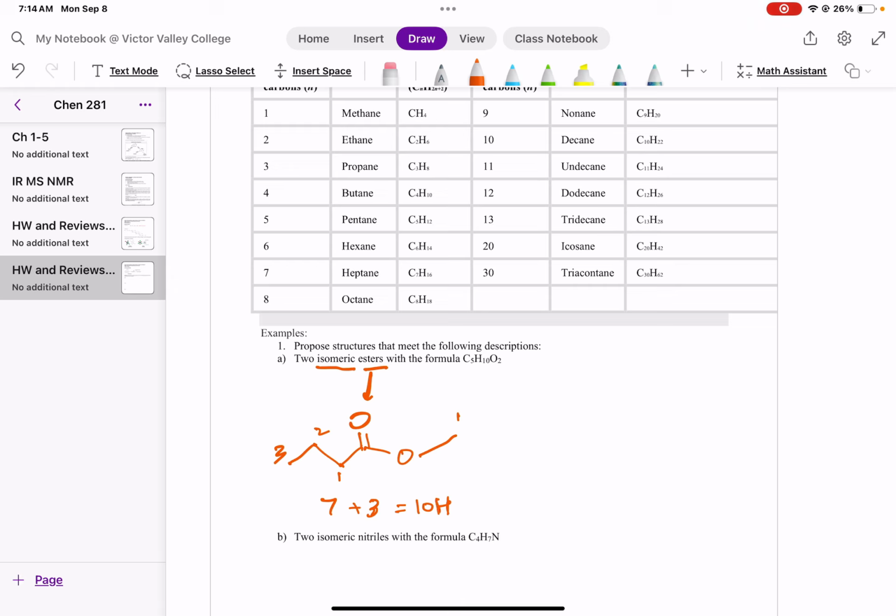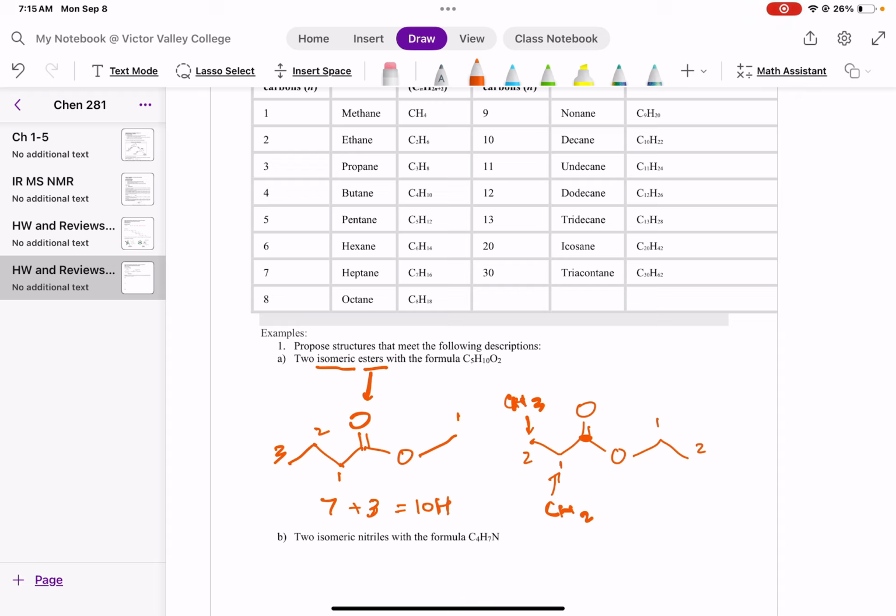Now, watch. We're going to move to the other isomer. We're going to put 2 carbon on one side, 1, 2. That'll make it a 4 carbon plus the carbon of the double bond O, that's 5. And if you check the hydrogen, there's CH3 and CH2, that's 5 hydrogens, the same on the right side.